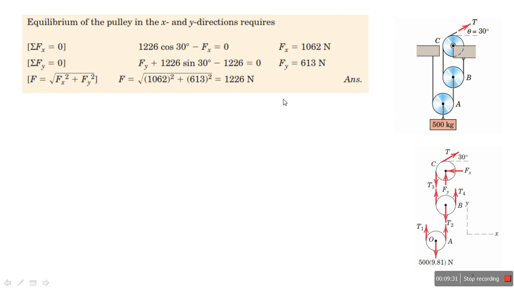So the resultant of these two forces is equal to the square root of Fx squared plus Fy squared, and we can get the total, which is equal to 1226 Newton.